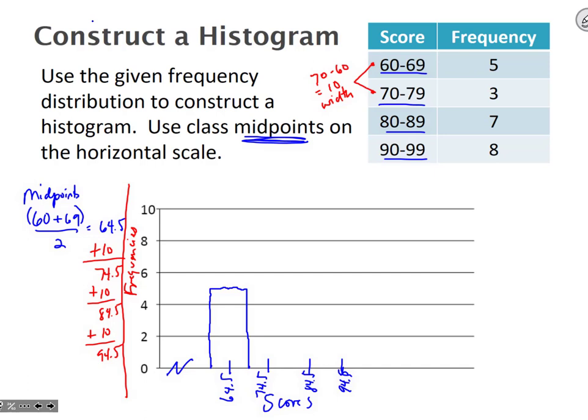And then for the next bar, the frequency table told us that it was a count of 3. And remember, they've got to touch, so you don't actually have to draw the left-hand side of your bar. Just go up to where it's 3 on the first bar, and then draw across to the right and down. Our third bar is going to have a frequency of 7.